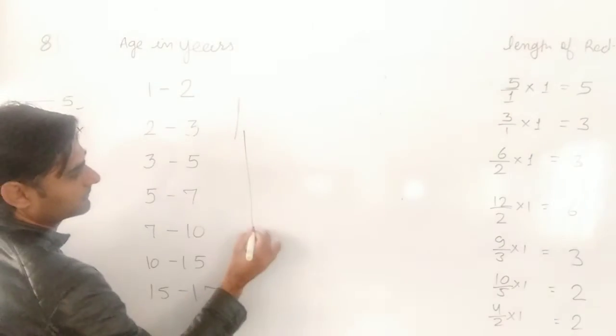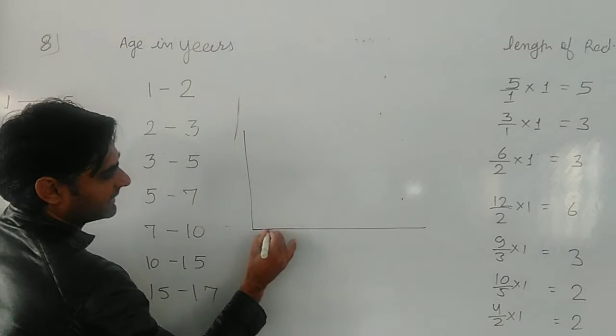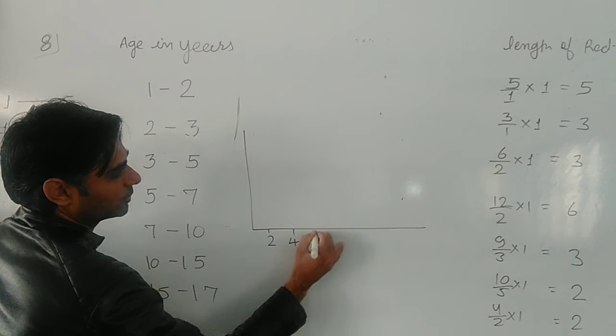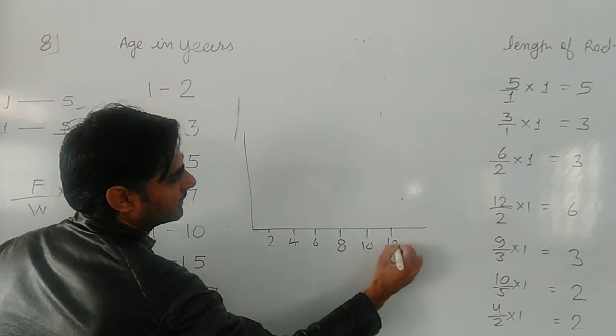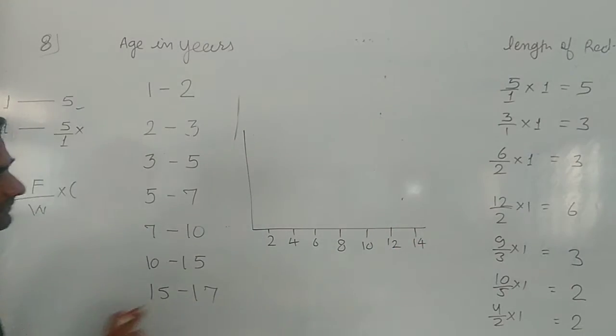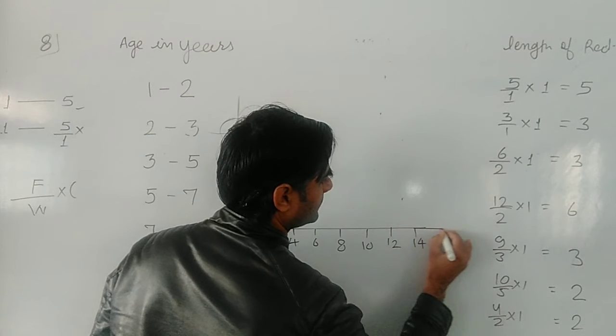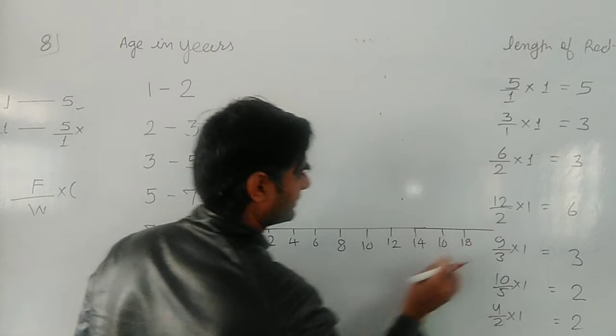So now I am going to draw here, like this. This one is the class interval, so I will write here 2, 4, 6, 8, 10, 12 and 14. Is this much enough? Or 14, 16, 18. Enough now?